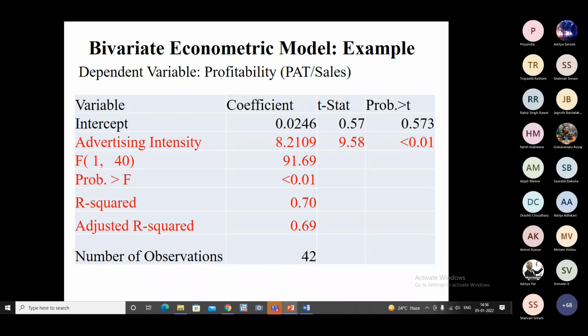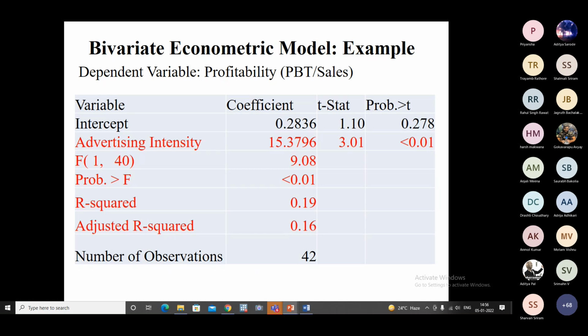And we say higher the value of R square, better is the model. Or higher the value of adjusted R square, better is the model. So here advertising intensity is explaining 70% variations in profitability. And in the other example, advertising intensity is explaining only 19% variations in the dependent variable, profitability.